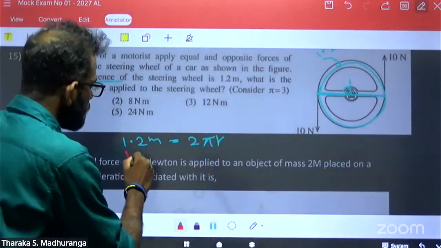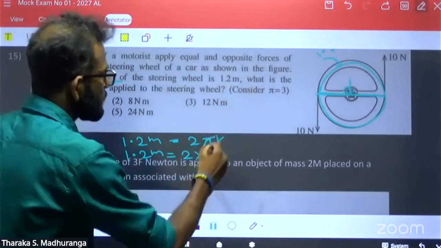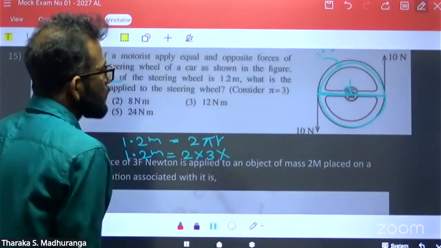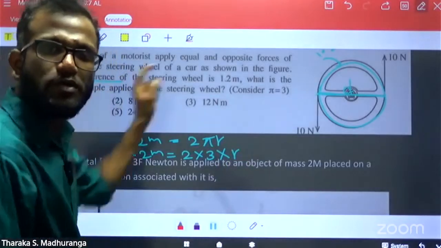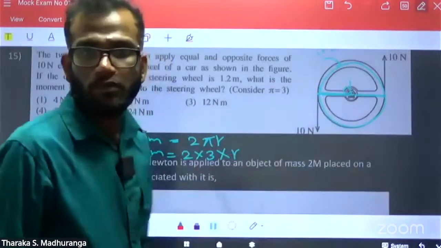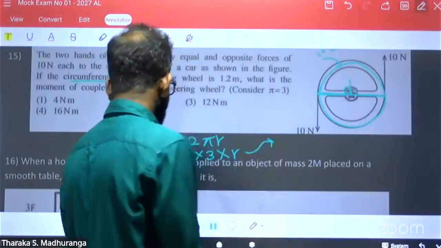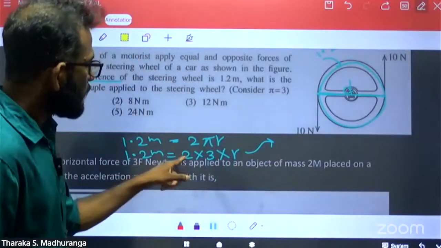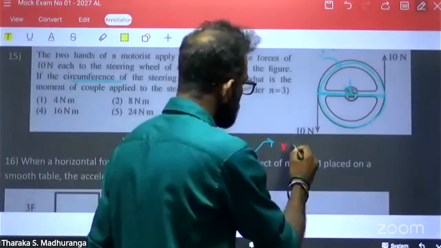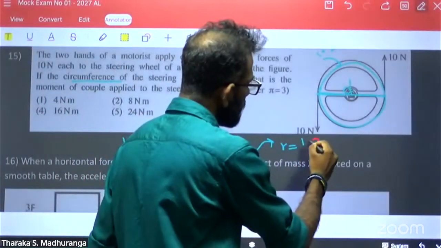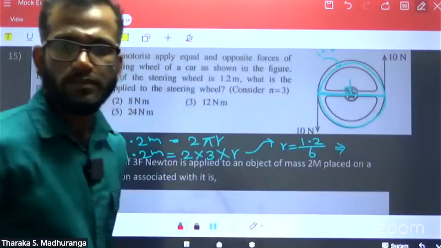Then 1.2 meter equals 2πR, right? 2 into π is 6, taking π as 3. R we don't know. If you find the R, we can get the diameter, then 2R is the diameter. Now 1.2 equals 6R. Then R equals 1.2 over 6. Can you send me the R value?